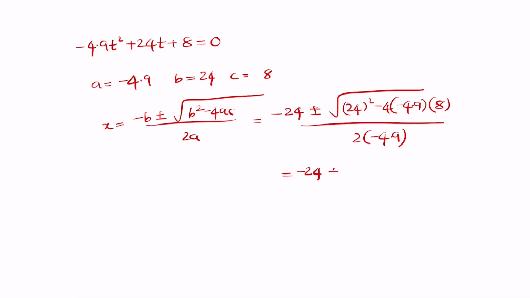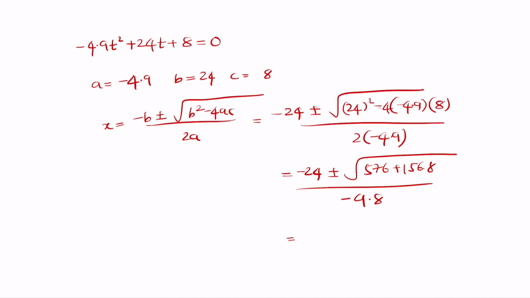So it becomes negative 24 plus or minus root 24 square, which is 576, plus negative into negative becomes plus 4 times 4.9 times 8 becomes 156.8, by negative 9.8.